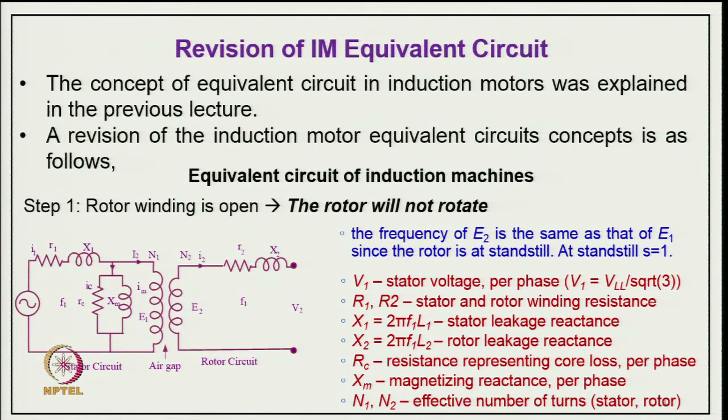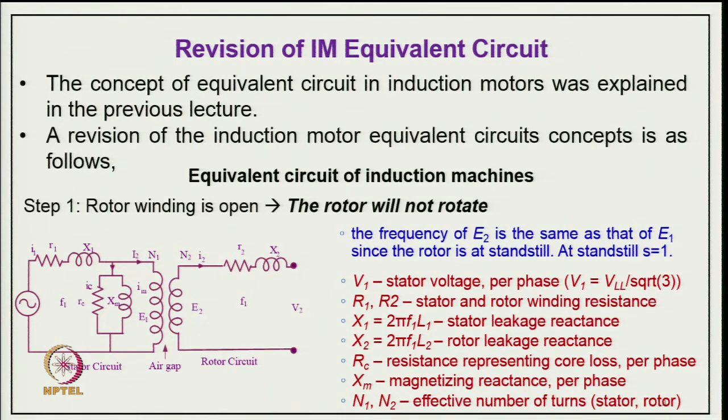Starting from the input supply, we have R1, the stator resistance, and X1, the stator leakage reactance. Then we have the shunt branch parameters, representing the core loss by Rc and the magnetizing reactance Xm, similar to a transformer.